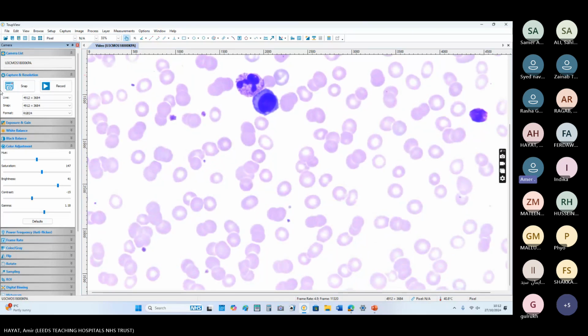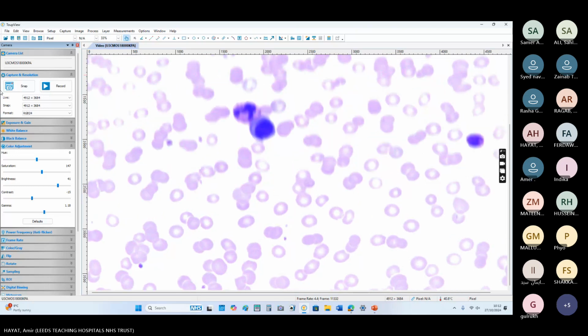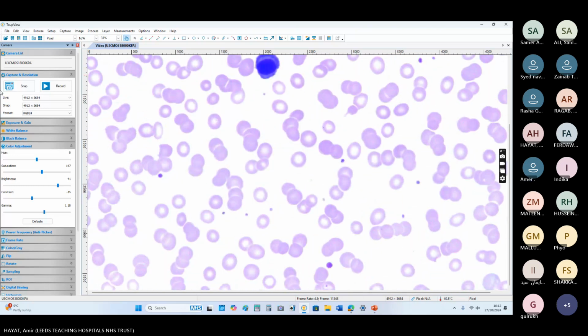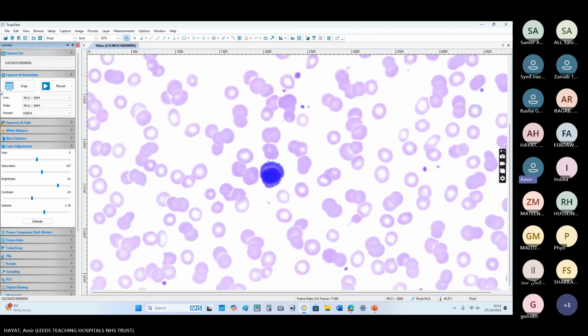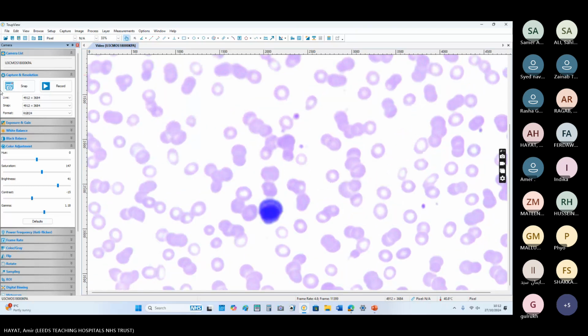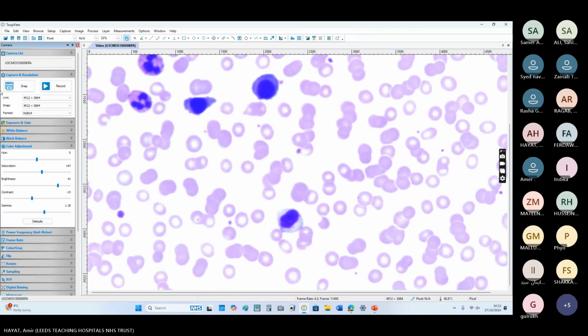There's rouleaux formation as well. This is also a plasma cell with halo formation. Some more.